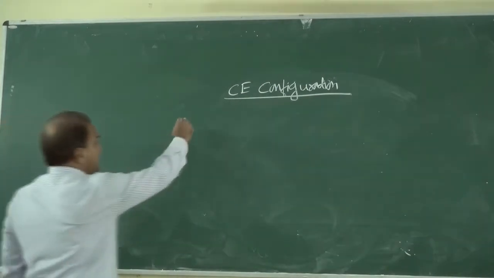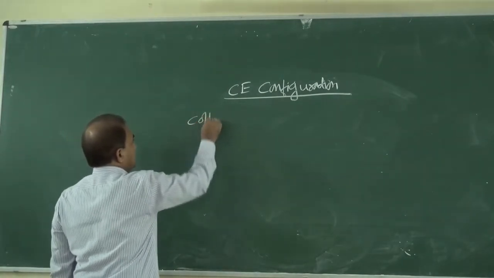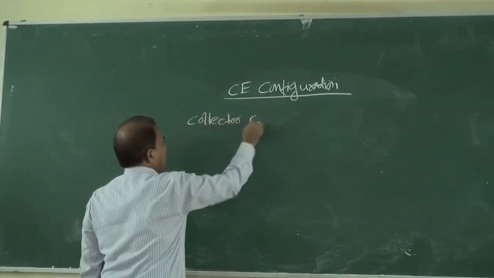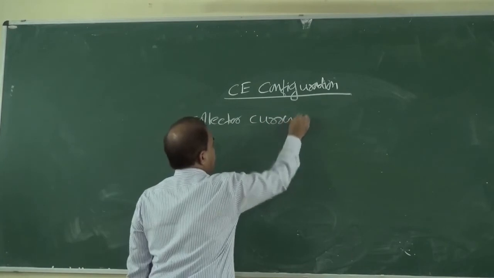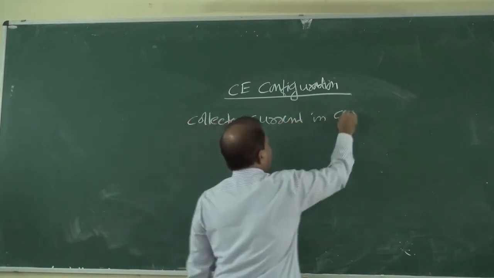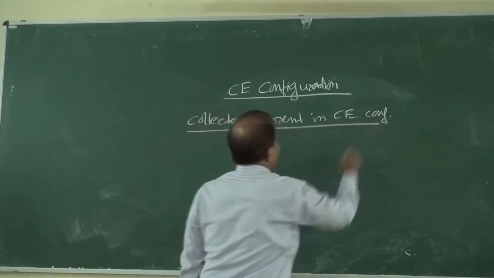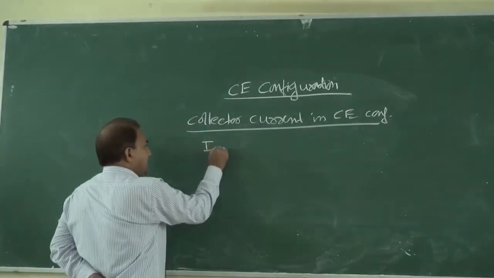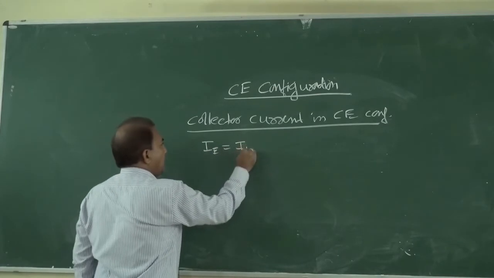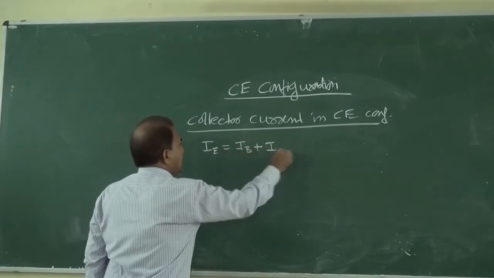Now we can express the collector current in common emitter configuration. We all know IE is equal to IB plus IC.